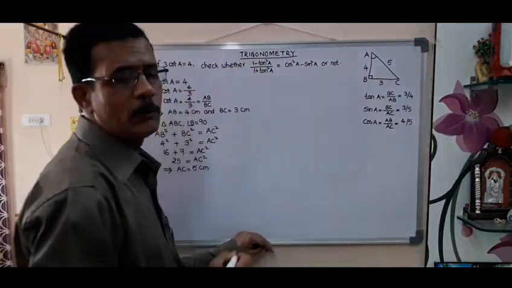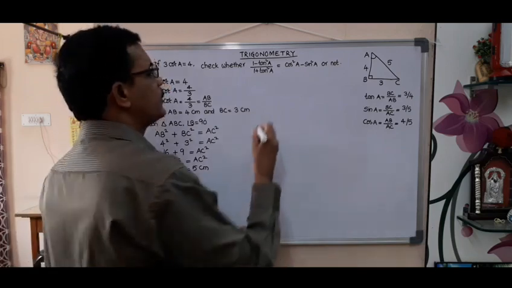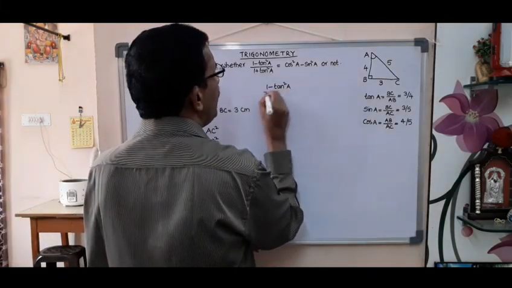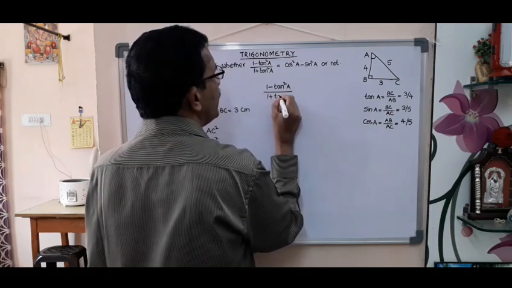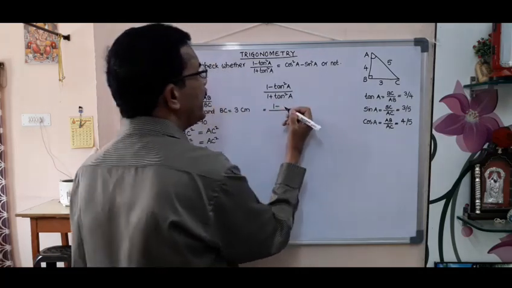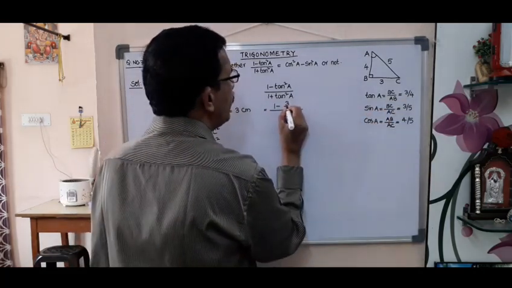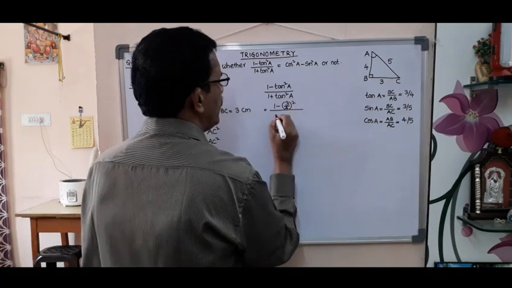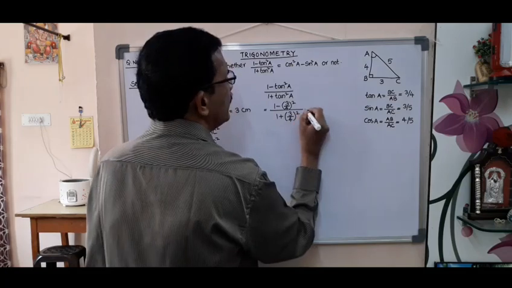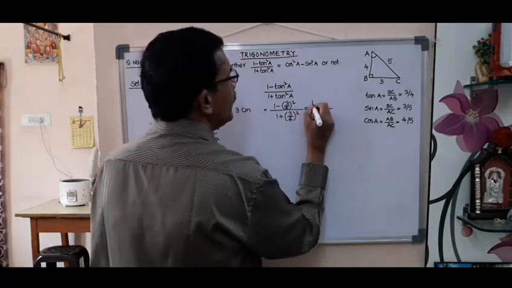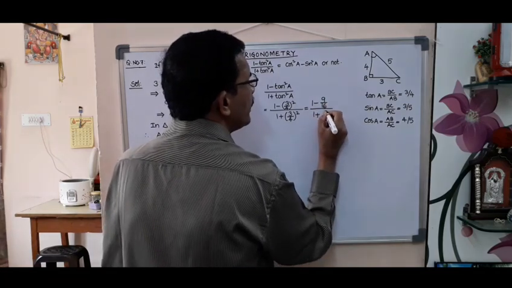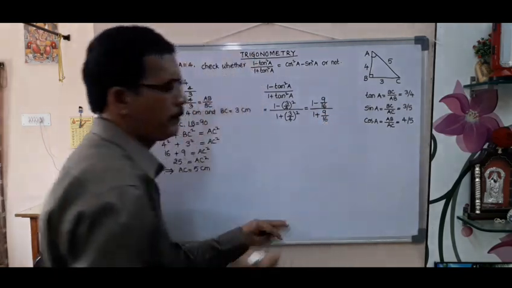I am finding 1 minus tan square A by 1 plus tan square A value. That is equal to 1 minus 3 by 4 whole square by 1 plus 3 by 4 whole square, that is equal to 1 minus 9 by 16 by 1 plus 9 by 16.